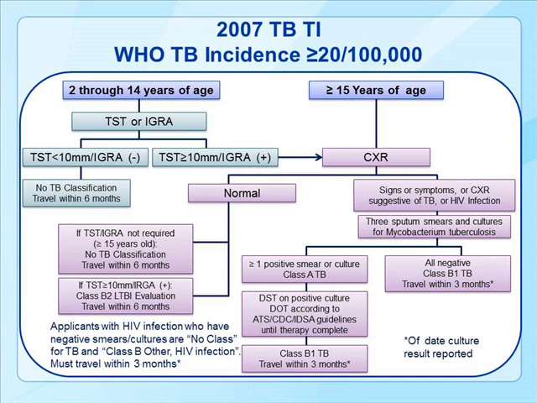And this just is for your own reference, stating exactly what I've said, showing the algorithm altogether. Again, in WHO TB incidence countries that had a rate of greater than or equal to 20 per 100,000, that's when the kids would get the TST or the interferon gamma release assay.